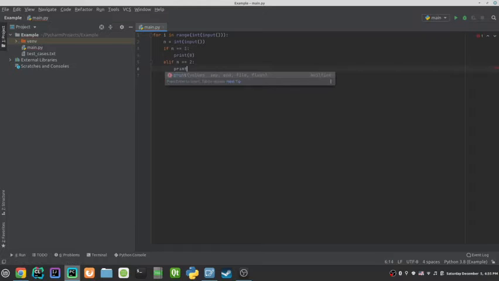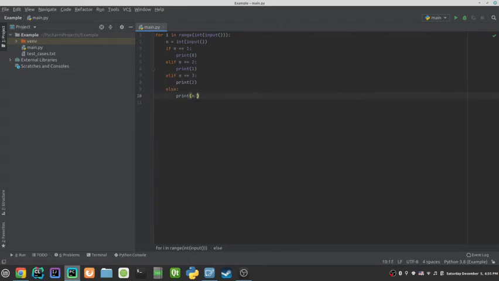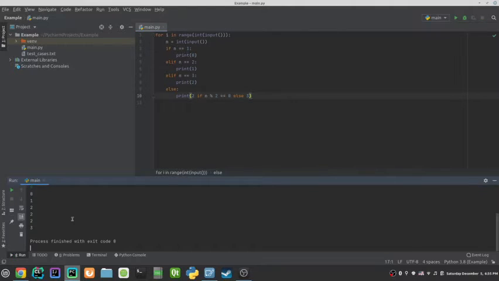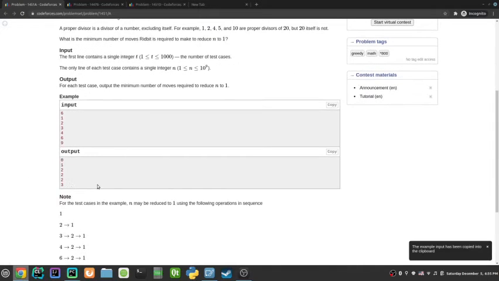If n is 2, then we're going to print 1. For 3, print 2. And that's basically our answer. And we do indeed get that solution.